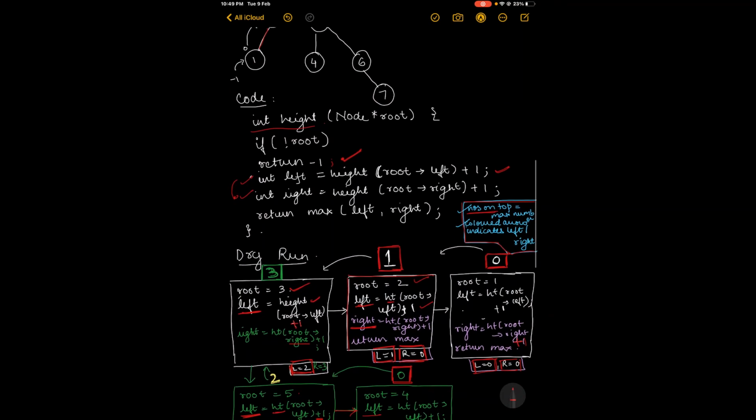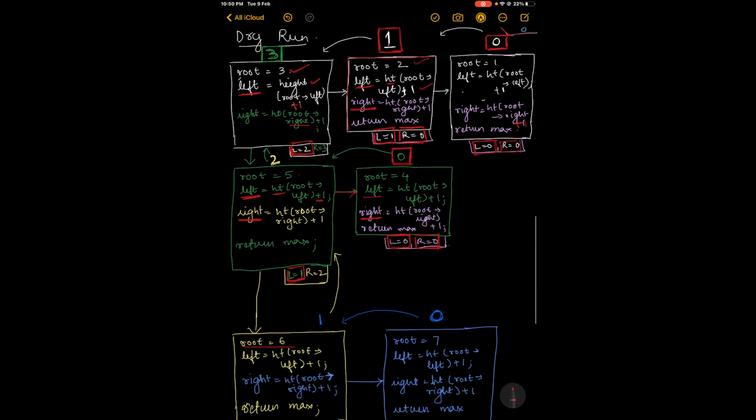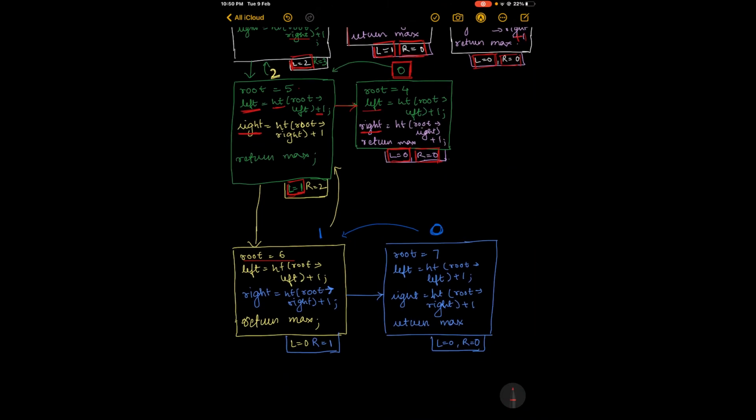So 6 has no left children, as you can see. So minus 1 plus 1 equals 0. So left is equal to 0 is correct. Next, we'll move on to the next step, that is right is equal to height root right plus 1.